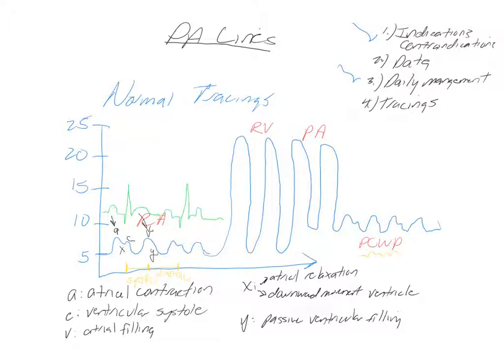The last point I'll make for normal tracing is that occasionally we may encounter significant respirophasic variation in a patient's wedge pressure tracing. The gold standard is to assess the pressure at end exhalation. Therefore, in a patient who is not intubated, end exhalation is often the highest pressure. And therefore, the peak of the respirophasic swings should be used.